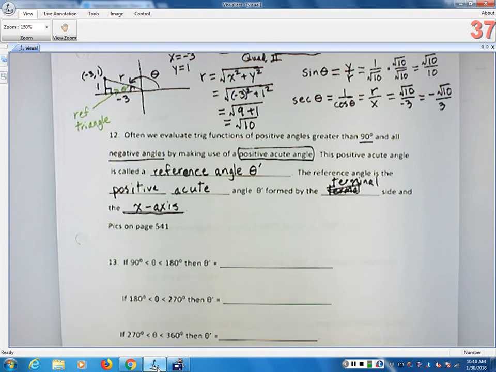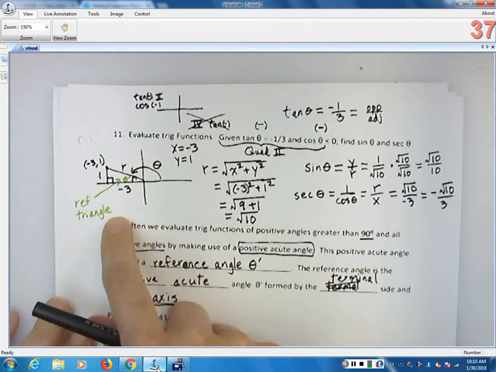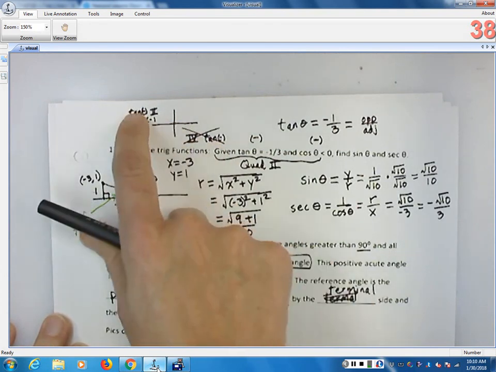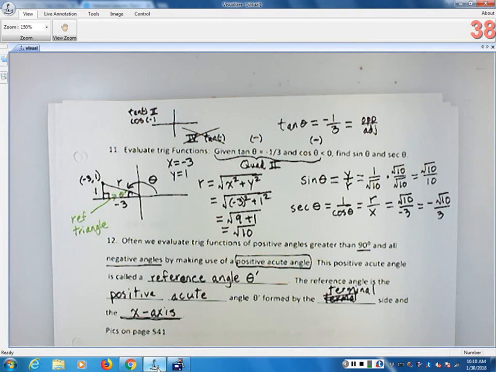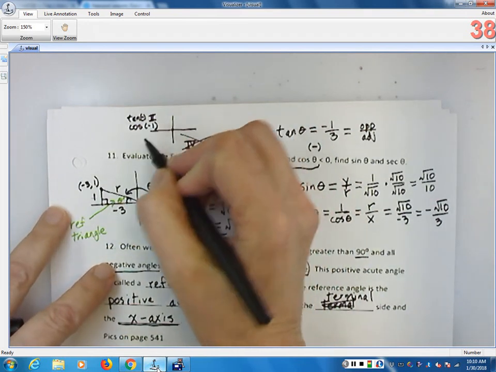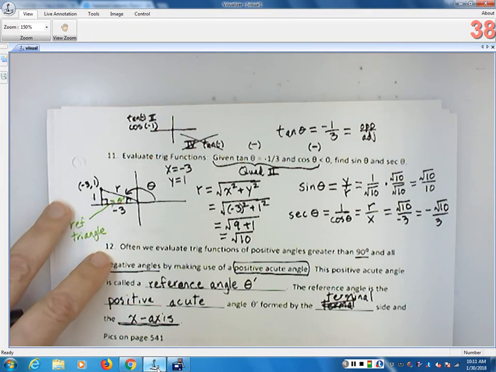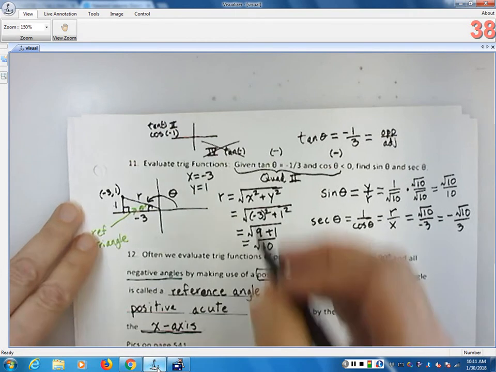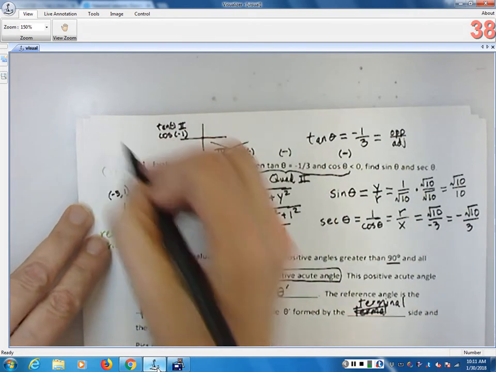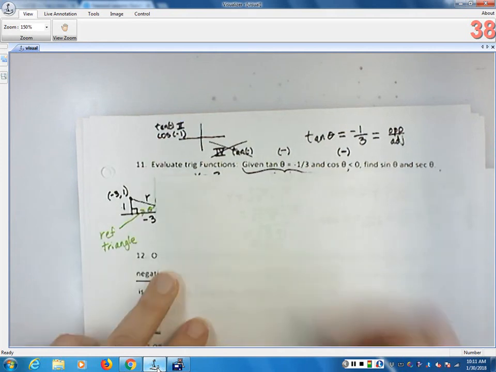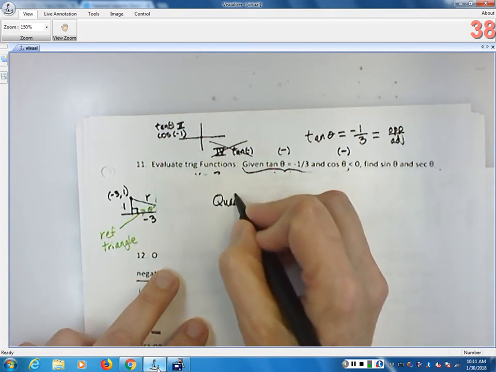I'm just confused on how you know it's supposed to be in the second quadrant. Oh, this one. Okay. Well, tangent is going to be negative. Do you understand how tangent is negative? Tangent is sine over cosine. In quadrant 2, you're going to have to get used to quadrant 2.